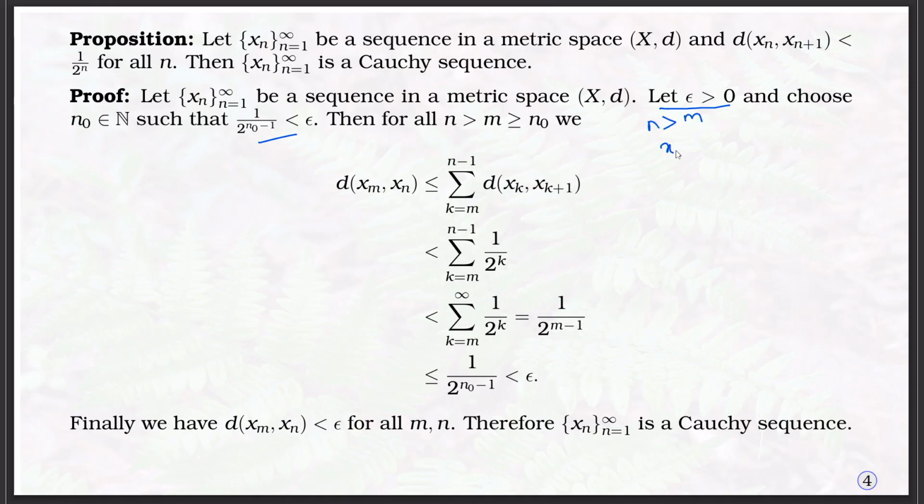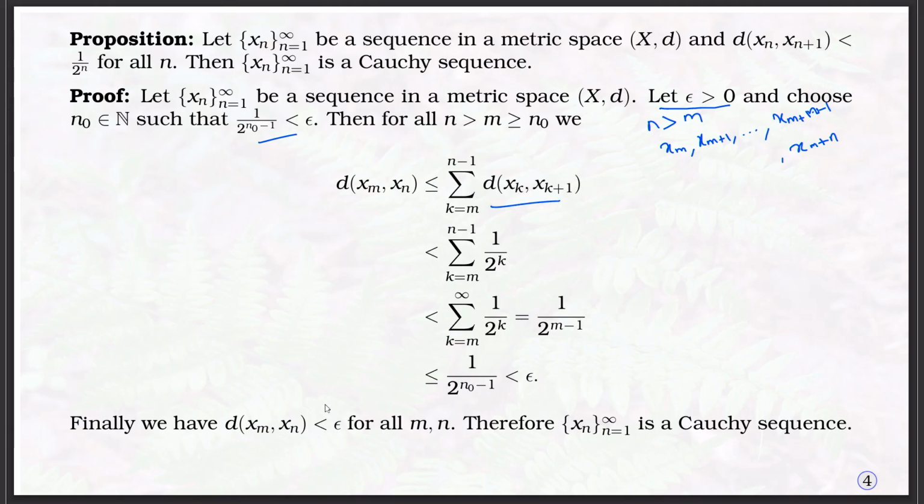So, it has x_m and x_{m+1} up to x_{m+n-1} and x_{m+n}, these terms. If you are finding the distance between x_m and x_n, then using the triangle inequality, one can obtain this result.